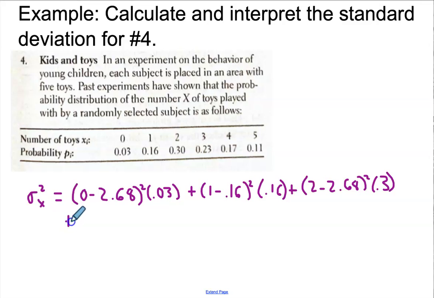We'll keep moving. 3 is my next observation, minus the mean, squared, times the probability.